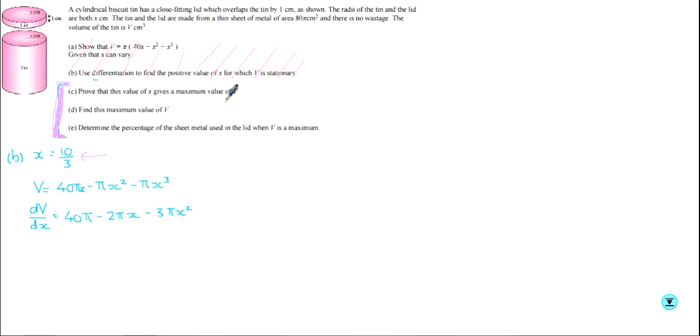Okay, so C, we have to prove that this value of x here gives a maximum value. Okay, so thinking about maximums, from this stationary point the gradient is going to be decreasing. So when we actually do this, we're looking for a negative number to prove that this is actually a maximum point, something less than 0. Okay, so to prove whether something is a maximum or minimum, two options.